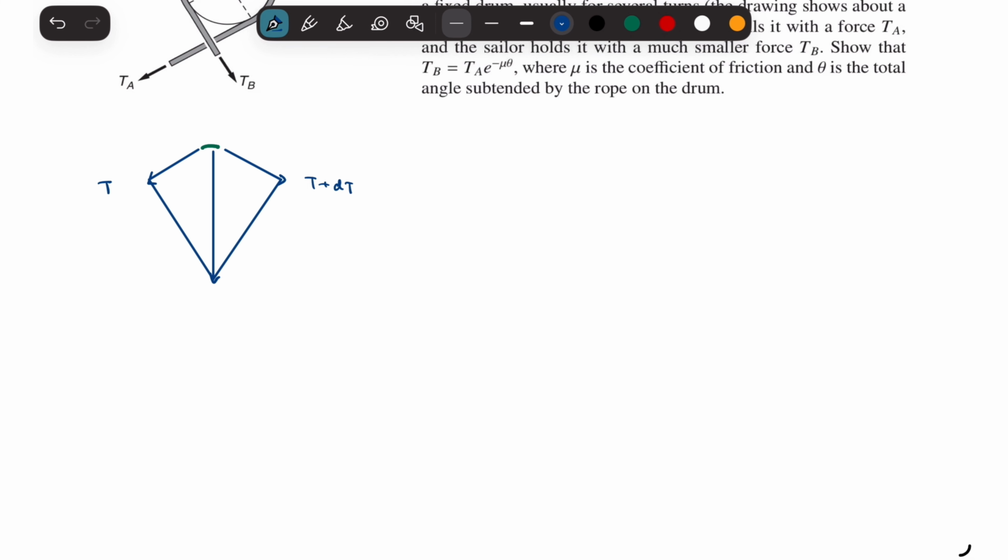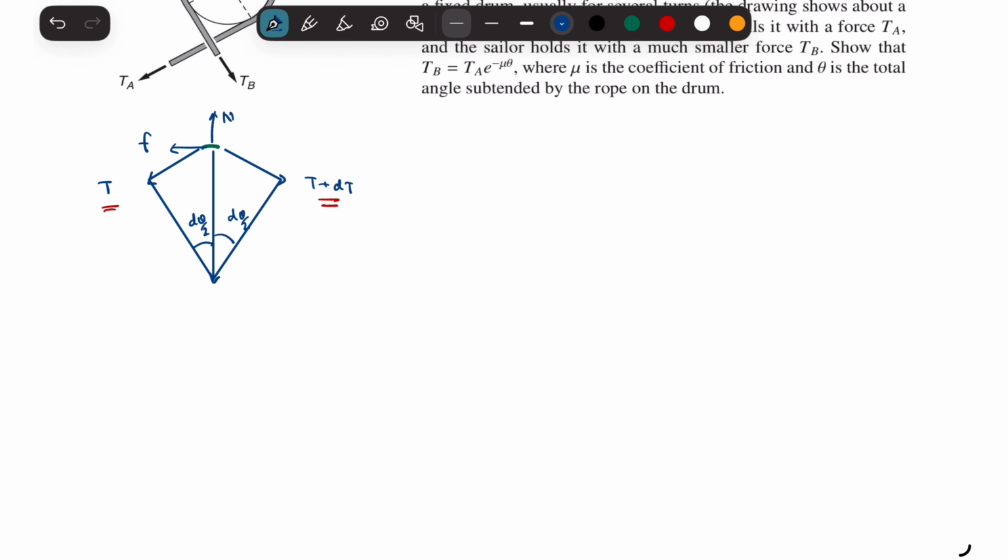Here this angle is d theta by 2, this one is also d theta by 2. Now more force is on this side, there's less force, so the friction will be pointing here, and obviously there will be a normal here.